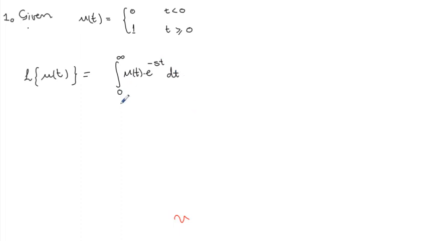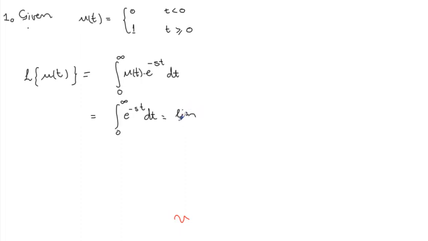That's the definition. It's clear that this integration starts at 0, where u(t) is already 1. And it turns out that we are basically calculating the Laplace transform of the constant function 1. If we compute this, we'll do exactly what we did before.